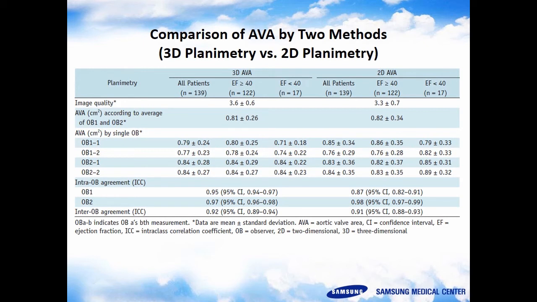In total, 4 measurements were obtained for each method, and 3DP showed a higher degree of agreement with echocardiographic AVA than 2DP. The inter- and intra-observer agreements were excellent for all 3 groups.